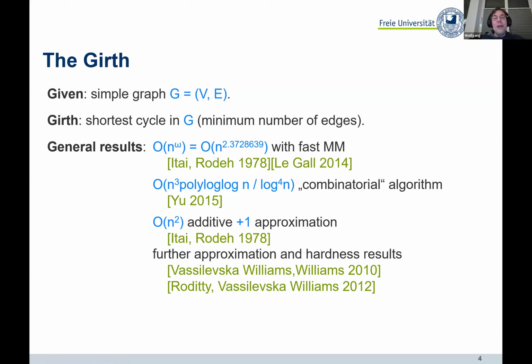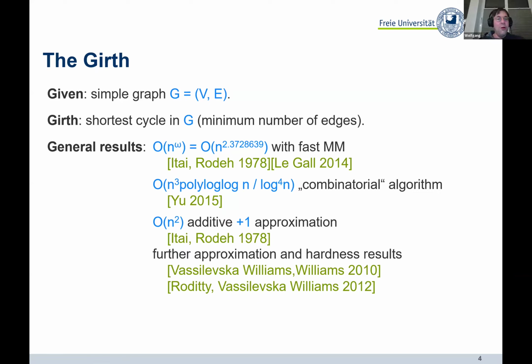And if you do not allow fast matrix multiplication, if you insist on a combinatorial algorithm, whatever that means, we don't quite know what that means, but some people say, okay, I recognize it when I see it. If you focus on combinatorial algorithms, then you can do slightly better than the naive algorithm. The naive algorithm, at least for checking triangles, would be to check every triple.